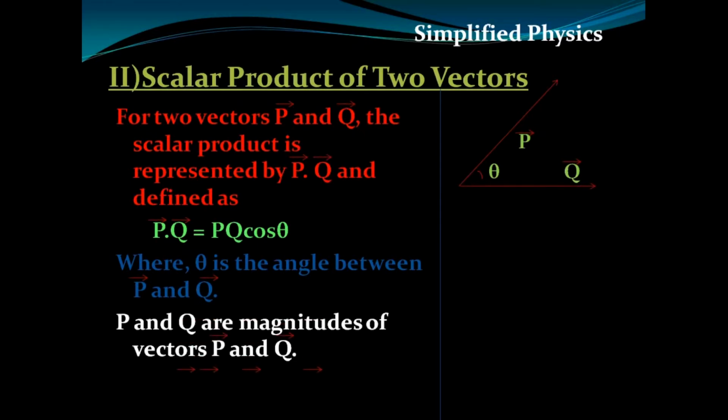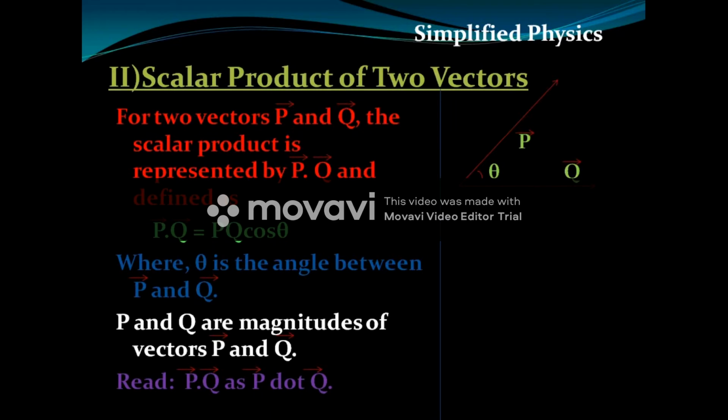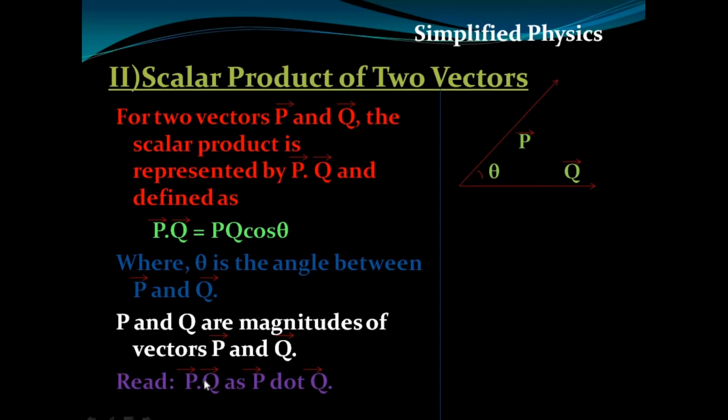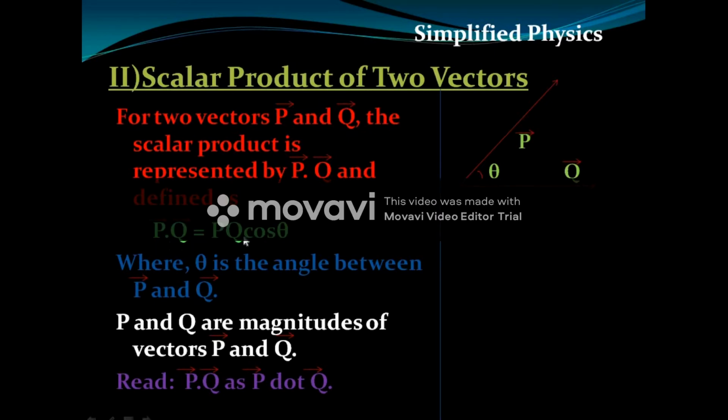Here p and q are simply the magnitudes of the p vector and q vector, and never read it as p vector into q vector, or p vector multiplied by q vector only. It is in fact p vector dot q vector, a scalar product, and it is also called dot product.